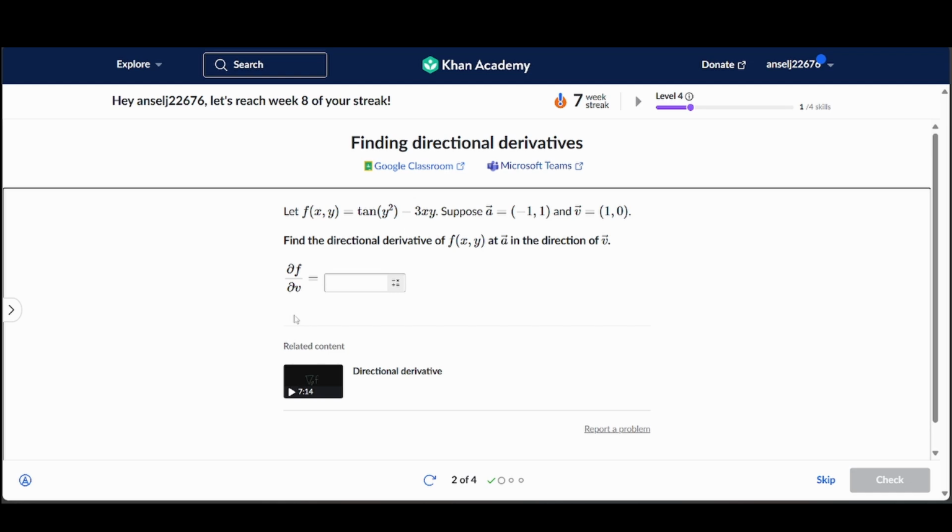So the gradient would be -3y for the x, and then for the y it would be secant of y squared times 2y minus 3x. Right? Yes.